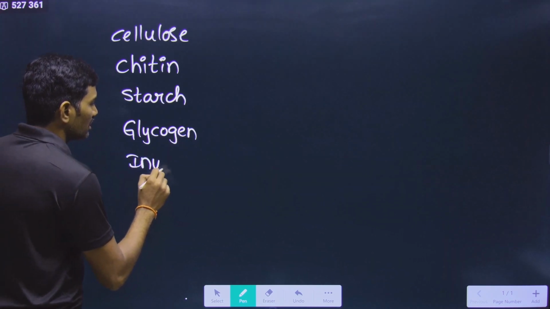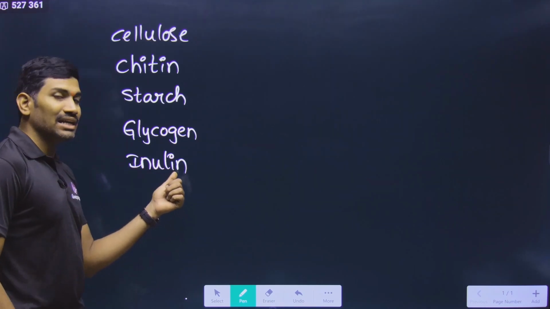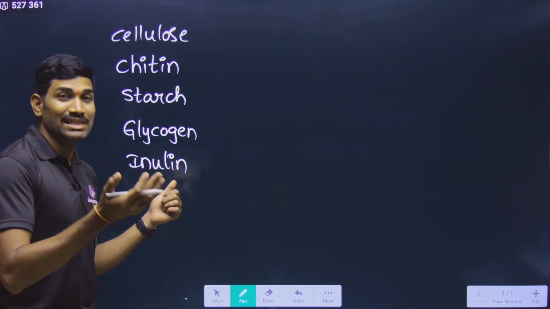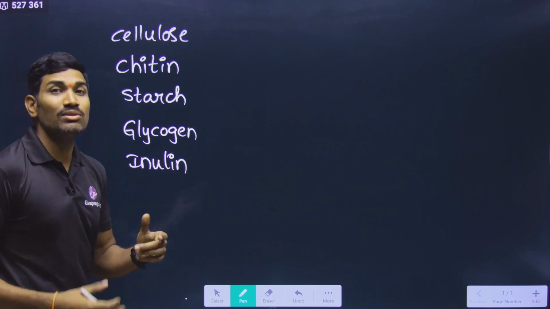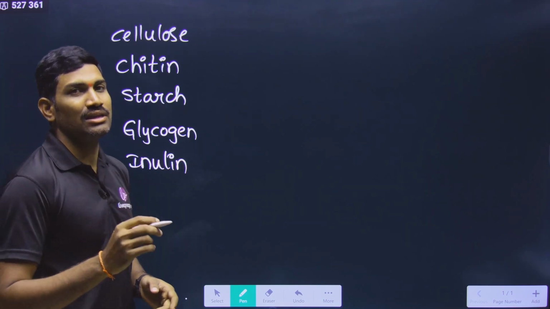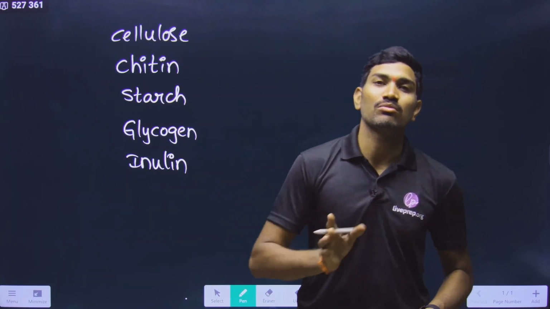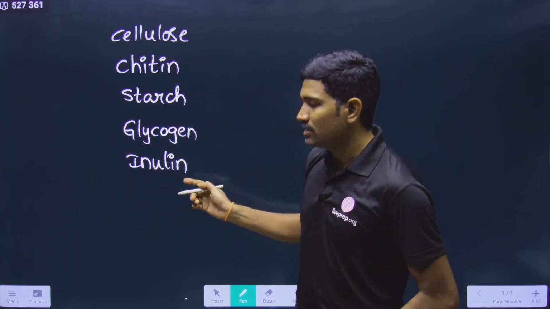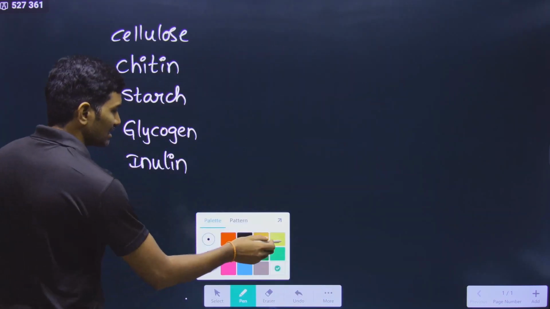It is not insulin, it is inulin. Spelling is very important. Inulin is a polysaccharide, but insulin is a protein. Please observe carefully. Insulin is a protein that acts as a hormone, whereas inulin is a polysaccharide. So in this way, a total of 5 examples they gave in NCERT.